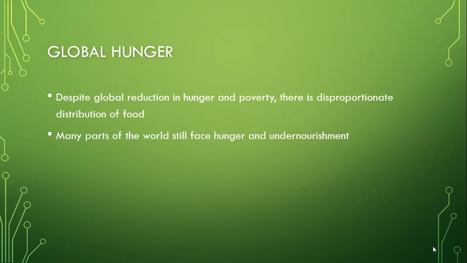Now let's look briefly at the issue of global hunger. So we find that despite global reduction in hunger and poverty, there is also a disproportionate distribution of food. There are many parts of the world where there is an abundance of food.